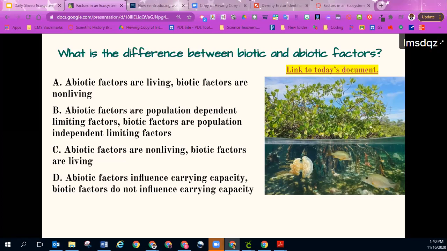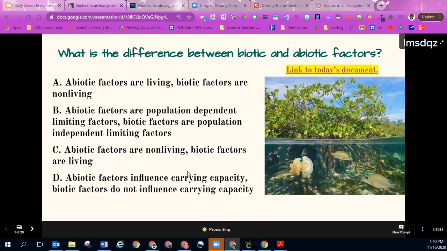It is C. The abiotic factors are non-living and biotic factors are living.